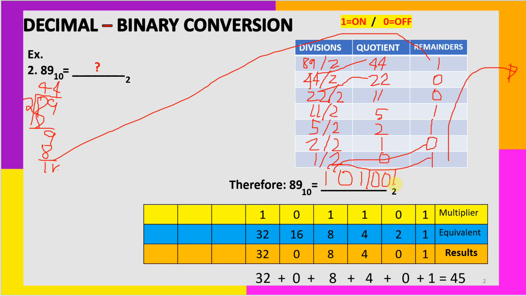The first digit is on. Next is 0, 0, 0. Next digit, the fourth digit, is 1.